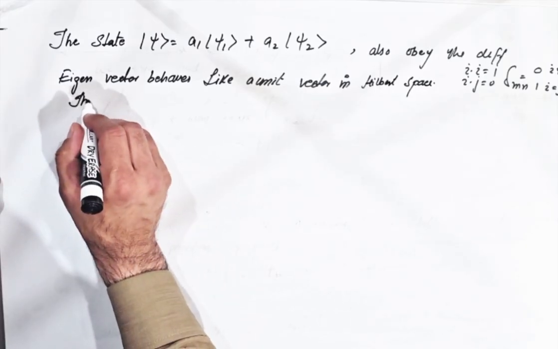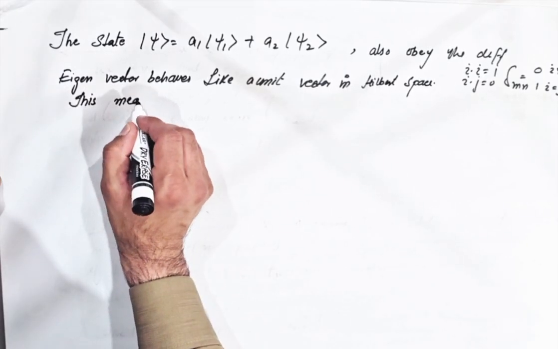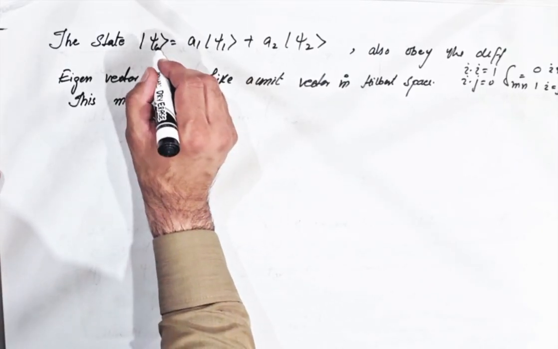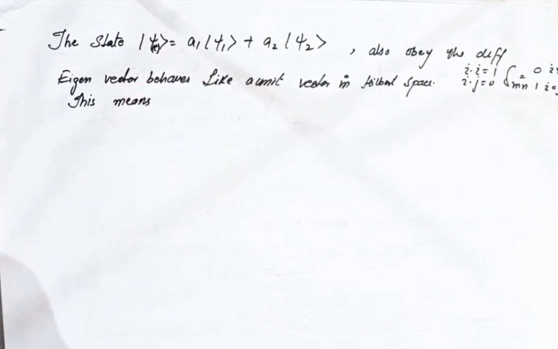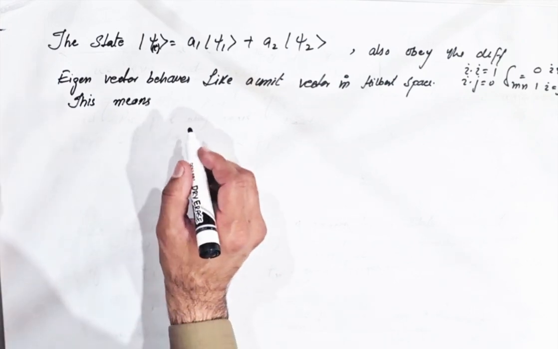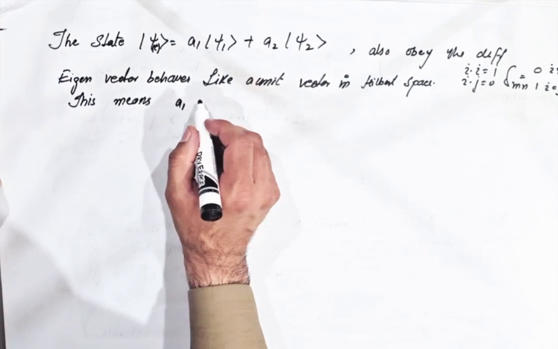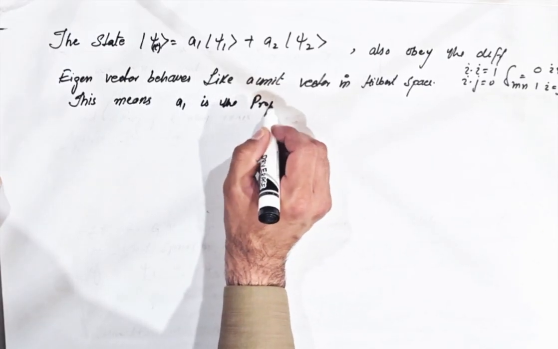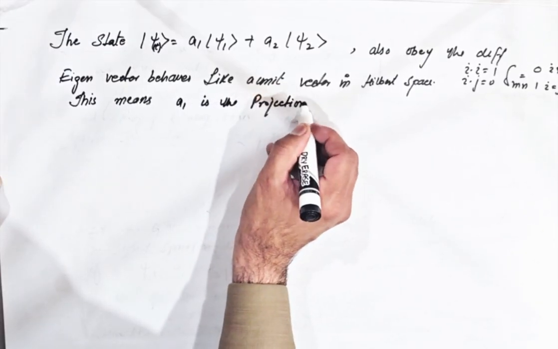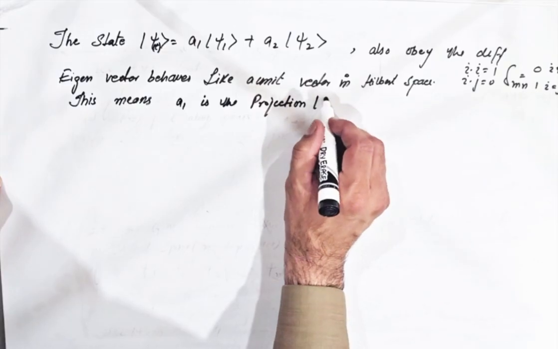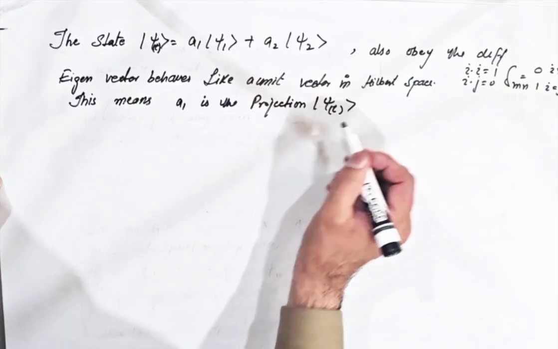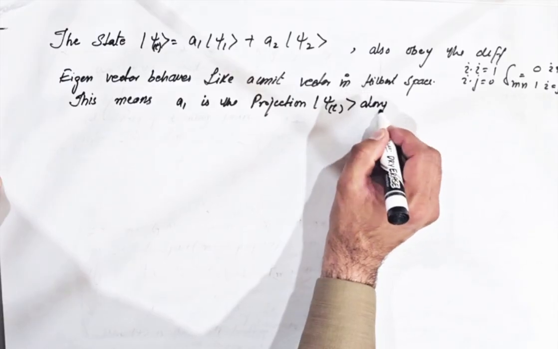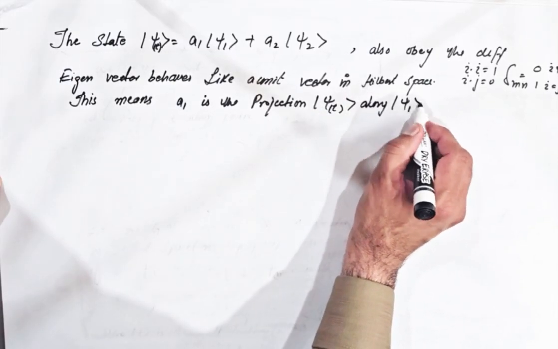This means this is a state vector psi of t. A1 is the projection of state function psi along psi 1.